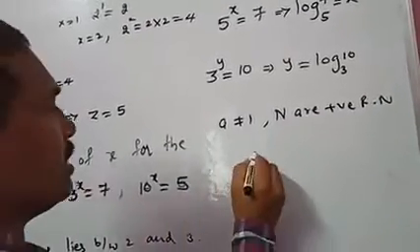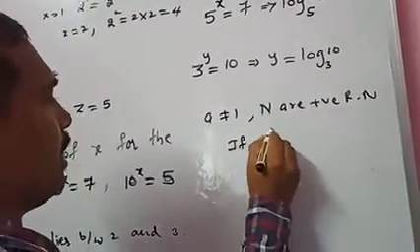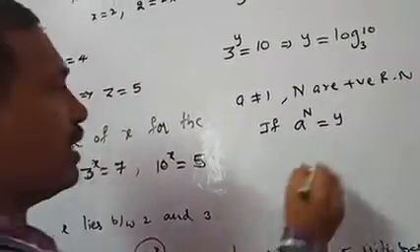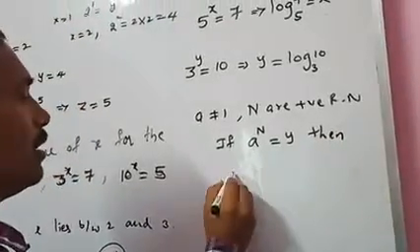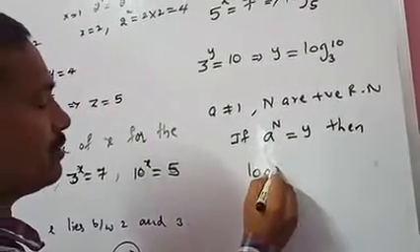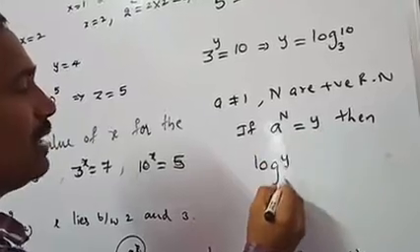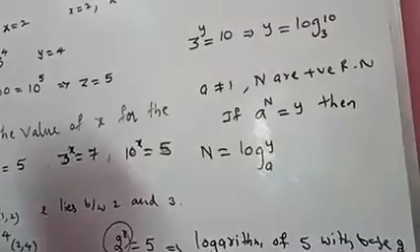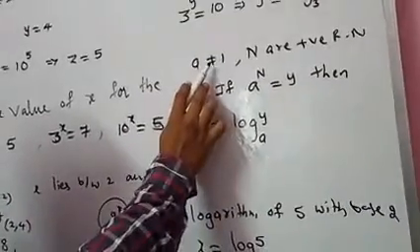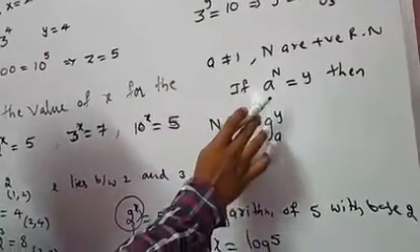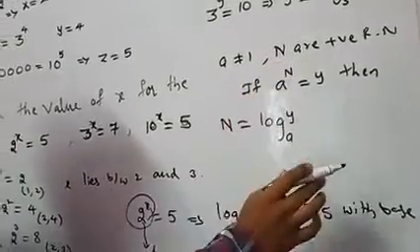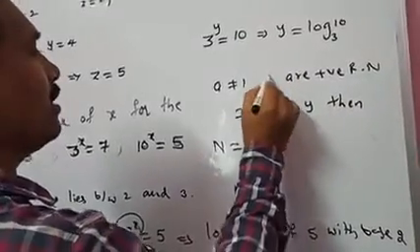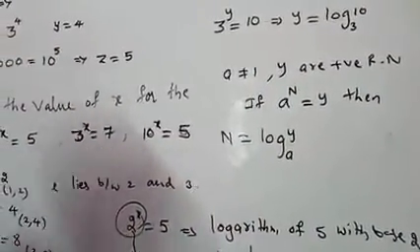So we can define: a not equal to 1, a and y are positive real numbers. If a power n equal to y, then the logarithm of y with base a is n, that is, n equal to log y base a, where a is not equal to 1, and a and y are positive real numbers.